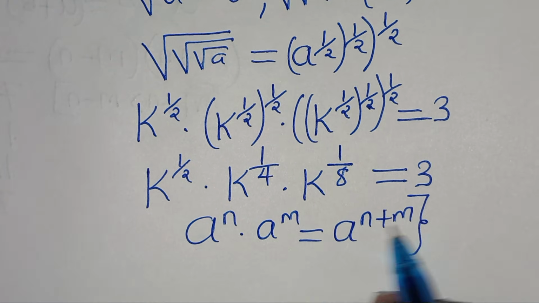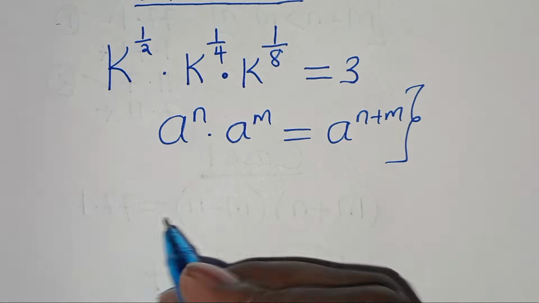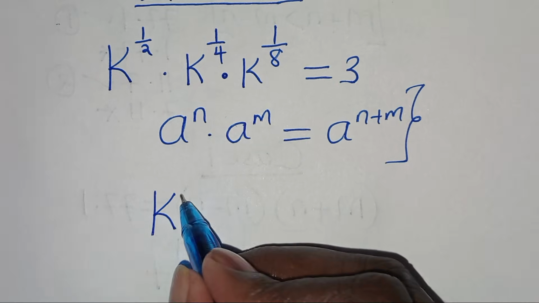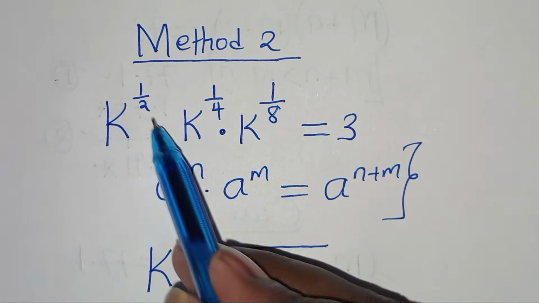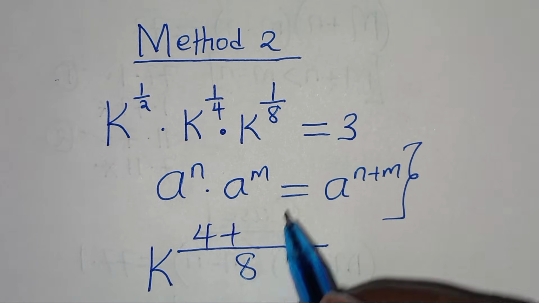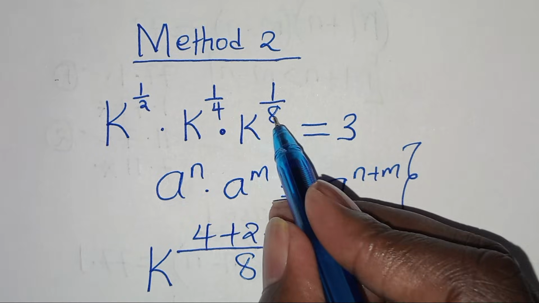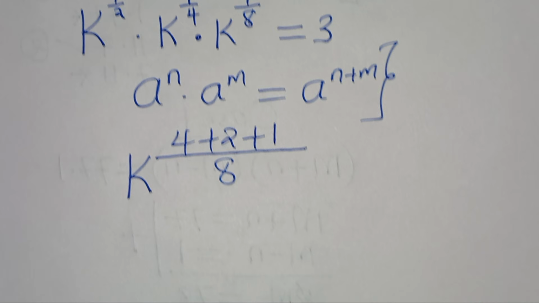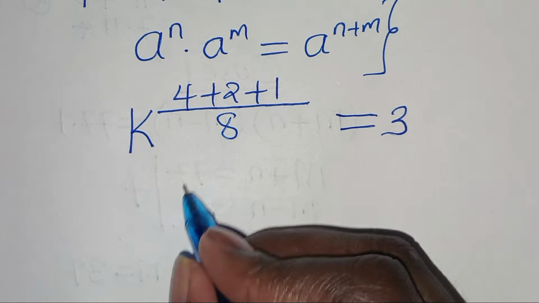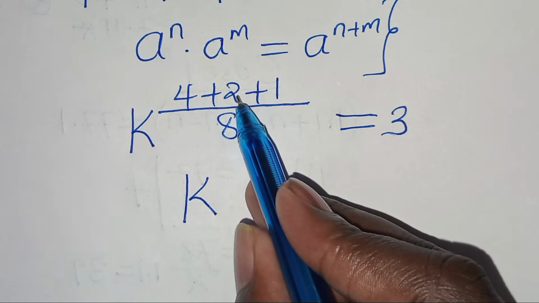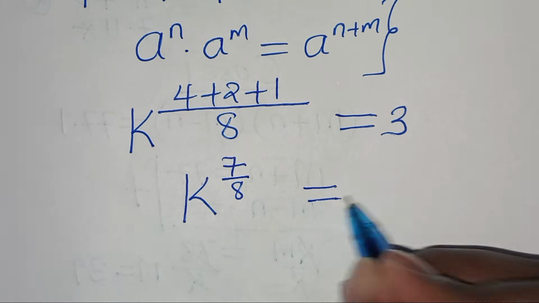Applying this exponent property, then we have k raised to the, now we have the LCM here, this is equal to 8. 8 divided by 2, this is 4 times 1, which is 4, plus 8 divided by 4, this is 2 times 1, this is 2, plus 8 divided by 8, this is 1 times 1, this is 1, and this is equal to 3. So we have k raised to the power of 4 plus 2, this is 6, plus 1, this is 7 over 8, and this is equal to 3.